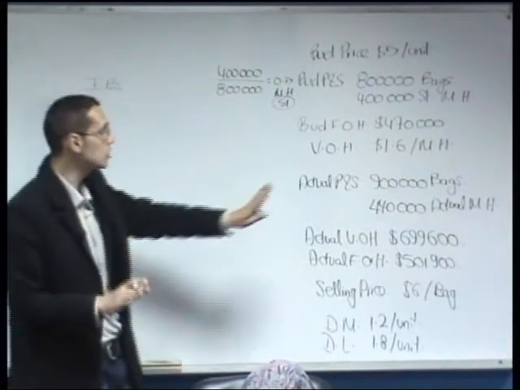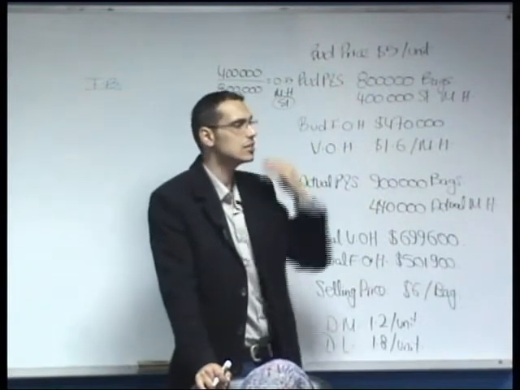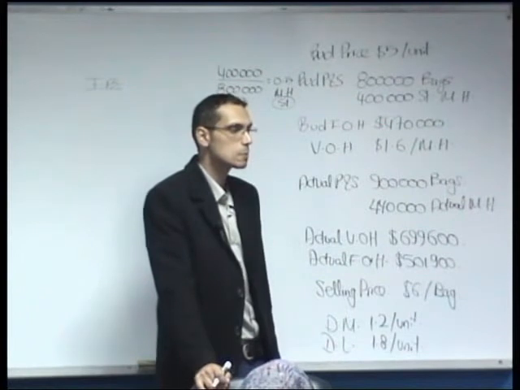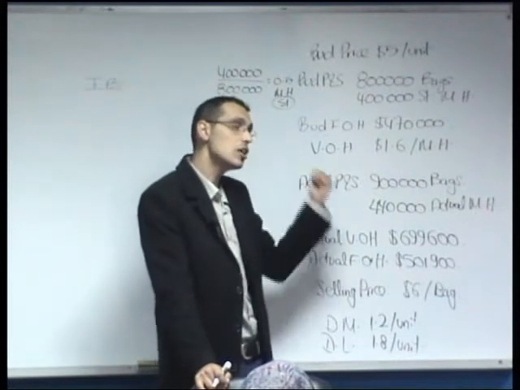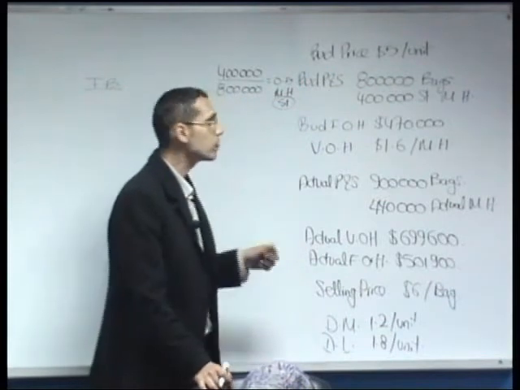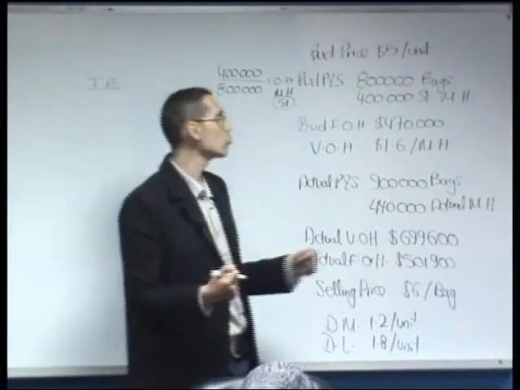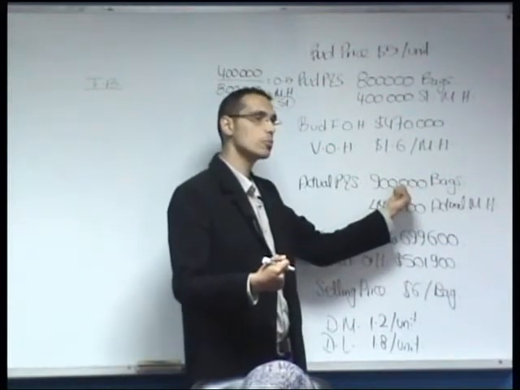Correct? This is according to our budget, our static budget. This is the standard machine hours per unit, which should be used in the flexible budget. Now, the flexible budget would use the standard machine hours, but for what? For the actual output.